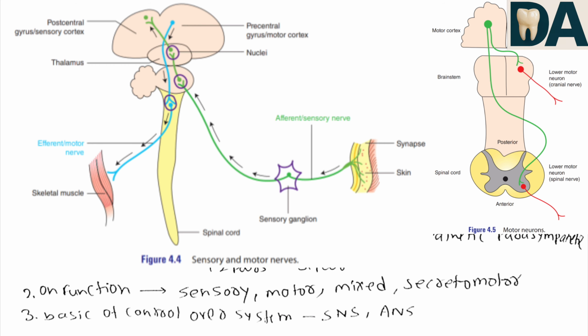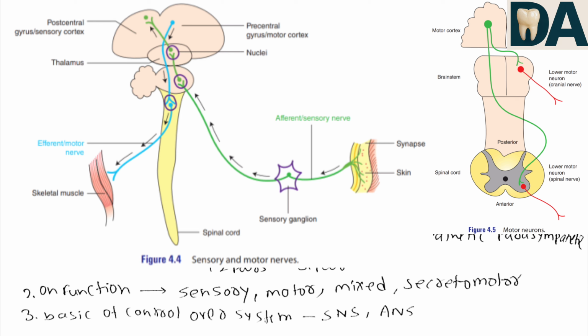On the basis of function, nerves are generally of four types: sensory or afferent, motor or efferent, mixed, and secretomotor nerves. One is sensory or afferent.